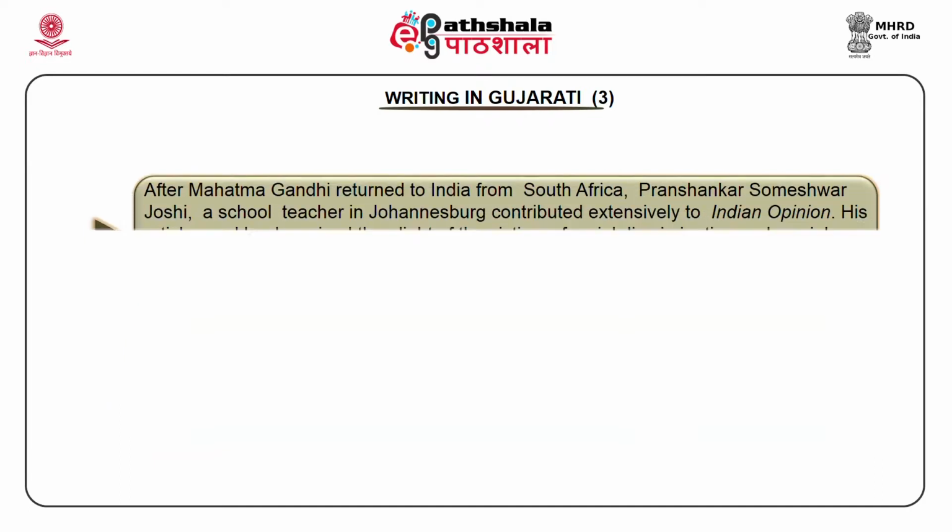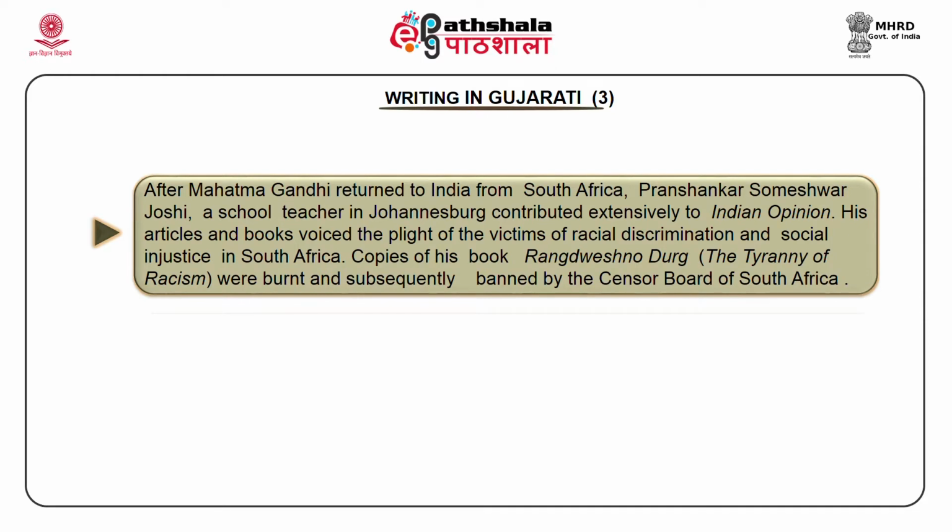After Mahatma Gandhi returned to India from South Africa, Pranshankar Someshwar Joshi, a school teacher in Johannesburg, contributed extensively to the Indian Opinion. His articles and books voiced the plight of victims of racial discrimination and social justice. Copies of his book were burnt and subsequently banned by the Censor Board of South Africa.